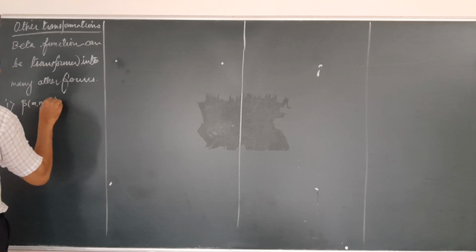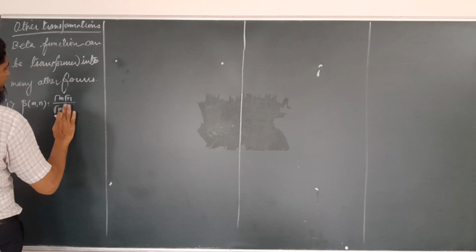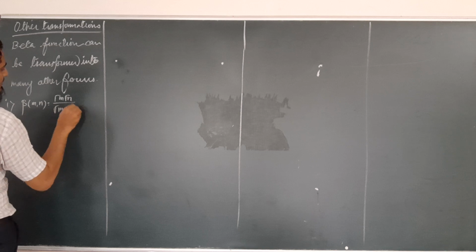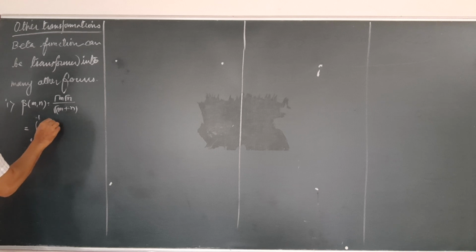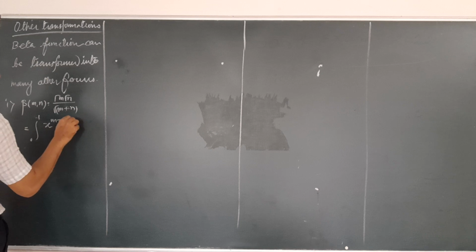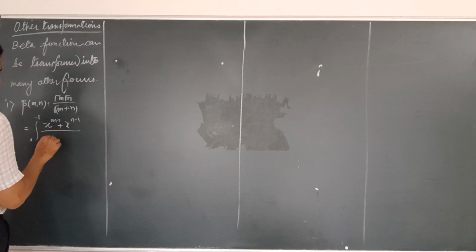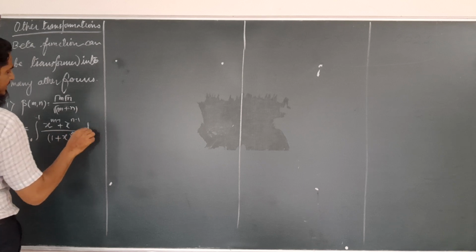You know the relation: beta of m, n is equal to gamma of m, gamma of n upon gamma of m plus n, correct? And it is equal to integration from 0 to 1 of x raised to m minus 1 plus x raised to n minus 1 upon 1 plus x raised to m plus n dx.